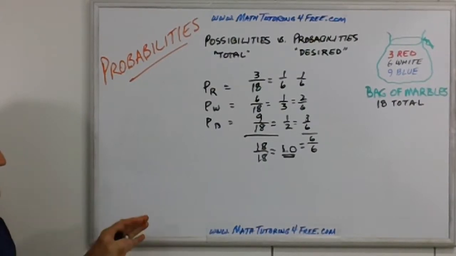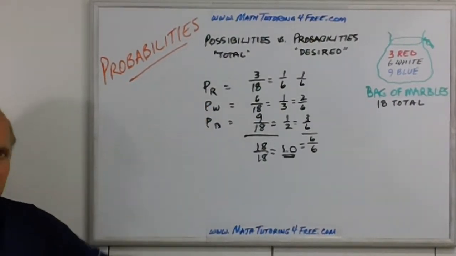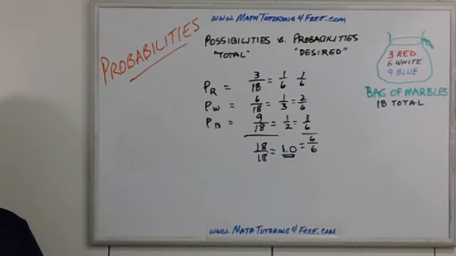Let's throw some others in though. Each of these, if we're pulling out a marble, that is considered one event, okay? And that is independent of anything else, right? However, if we're pulling out 2 marbles, then that's called a compound event. There's more than one happening.